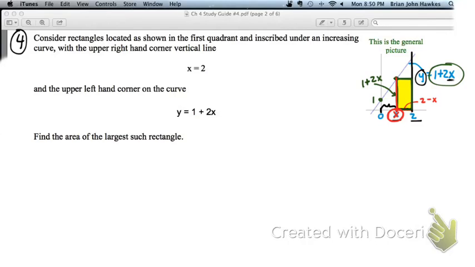The line x equals whatever this number is is the left-hand side, and the line x equals 2 is the right-hand side. That makes the width of the rectangle 2 minus x. That's probably the hardest part to see, actually labeling the width.